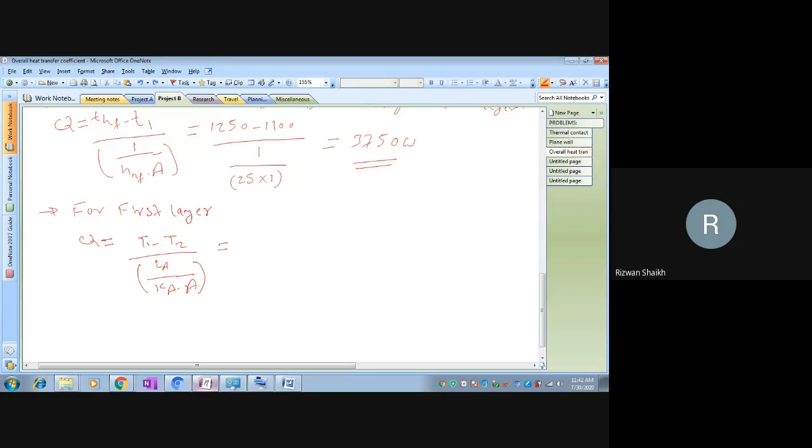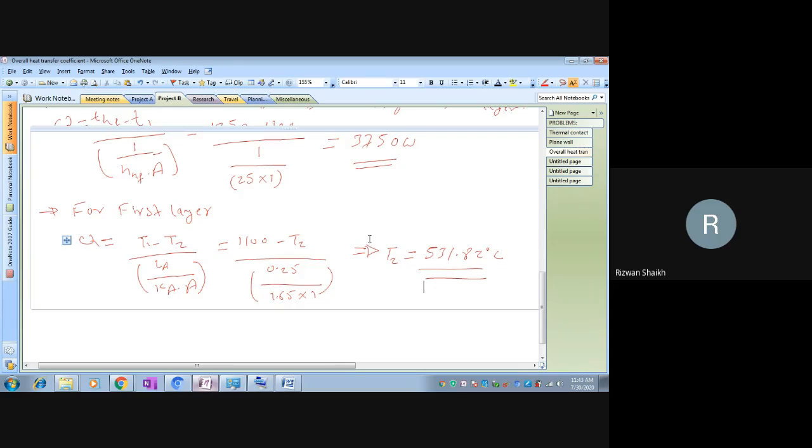If I apply the values, T1 is known to be 1100 degrees Celsius, minus T2 which is unknown, divided by La given to be 0.25, divided by Ka given to be 1.65 multiplied by 1. This will give you the unknown value of T2. T2 comes to 531.82 degrees Celsius after calculation.